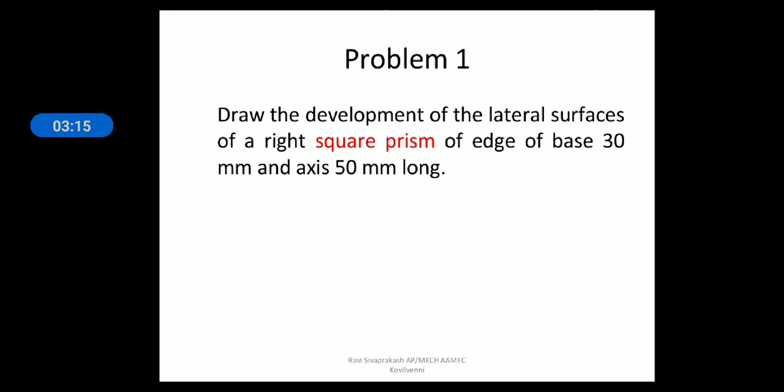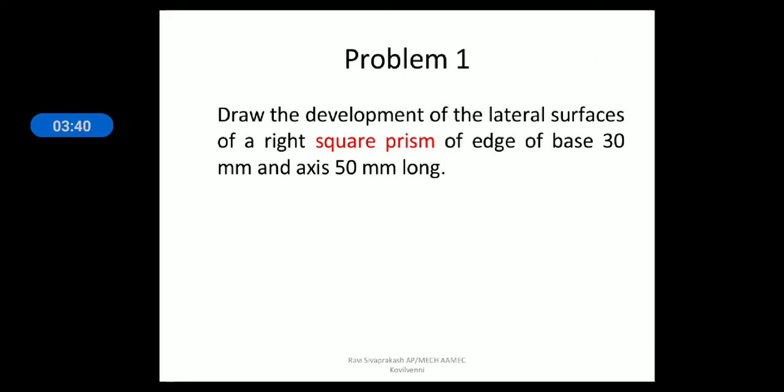Draw the development of lateral surface of a right square prism of base edge 30 mm and axis 50 mm long. The solid given is a square prism, please note it down, the side is 30 mm and the axis is 50 mm long.